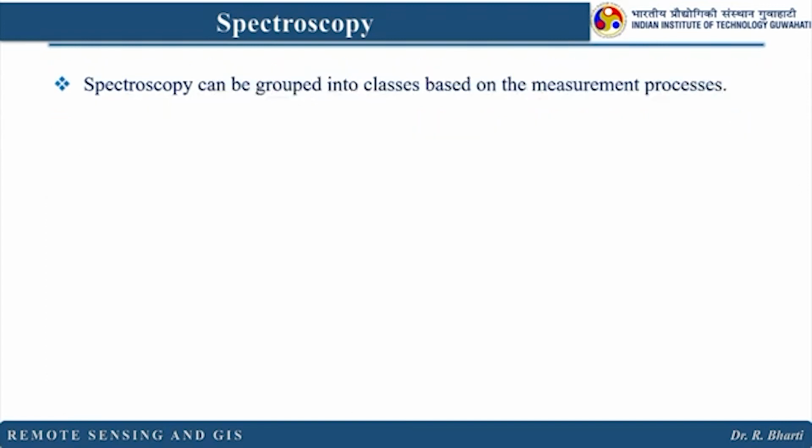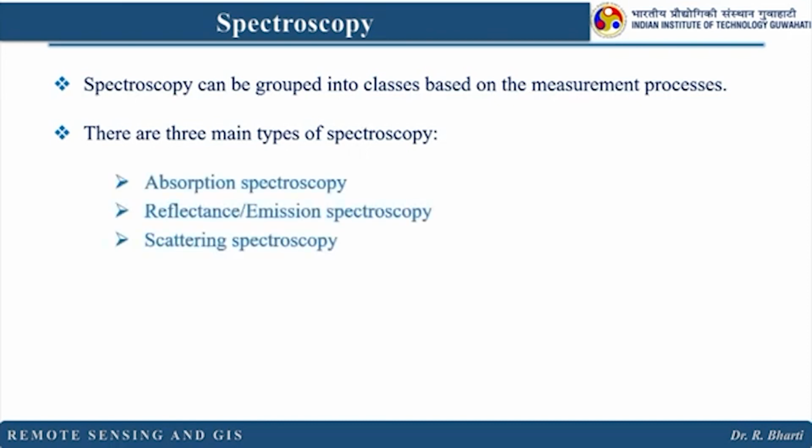So, spectroscopy can be grouped into classes based on the measurement processes. There are three major types of spectroscopy. First one is absorption, second one is reflection or emission spectroscopy, and third one is scattering spectroscopy.